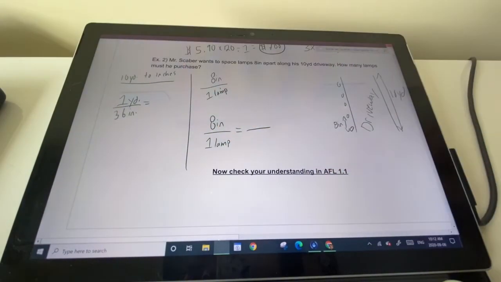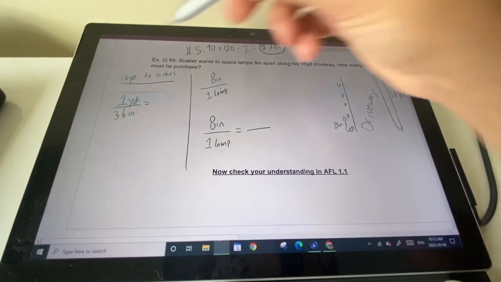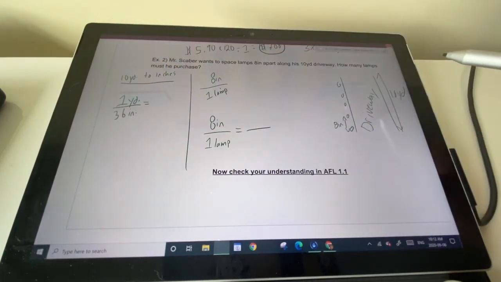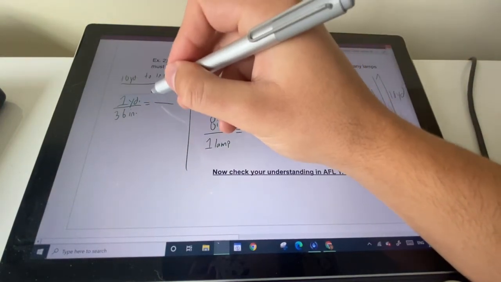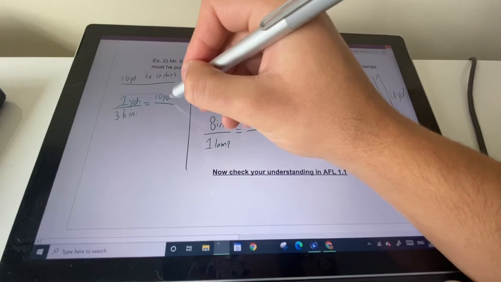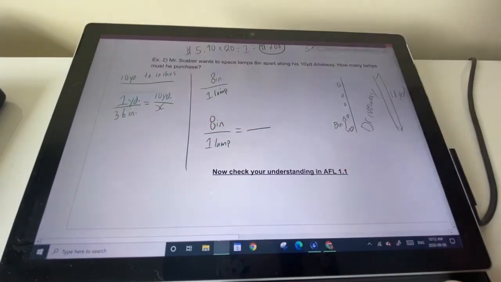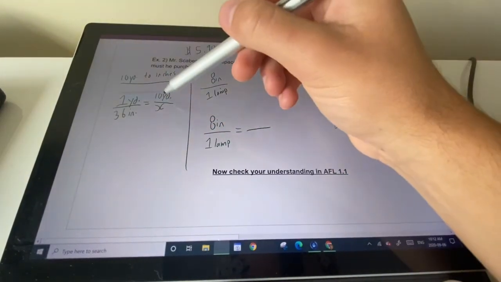Now we can set this ratio up and solve for how long 10 yards is in inches. So remember, yards are always going to go on the top. So 10 yards, and that's going to be an X amount of inches. So how much is 10 yards in inches?